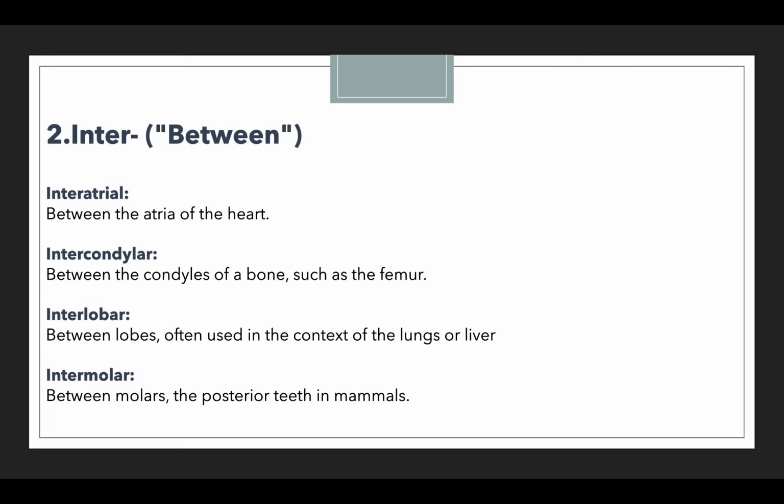After that we have interlobar. Interlobar means between lobes, often used in the context of lungs or liver. So whenever we want to show something between the lobes in terms of lungs and liver, we will use the prefix inter and the terminology interlobar.